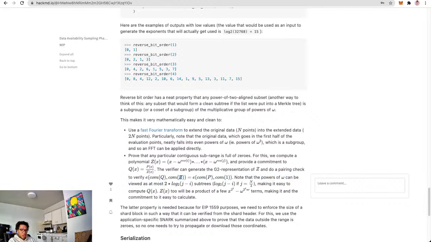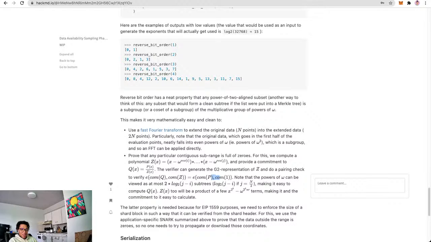Compute Z equals the completion of P. Note the powers of W can be viewed as at most 2 times log 2 j minus 1 subtrees, if j equals n over 2. Why are you confusing those math?